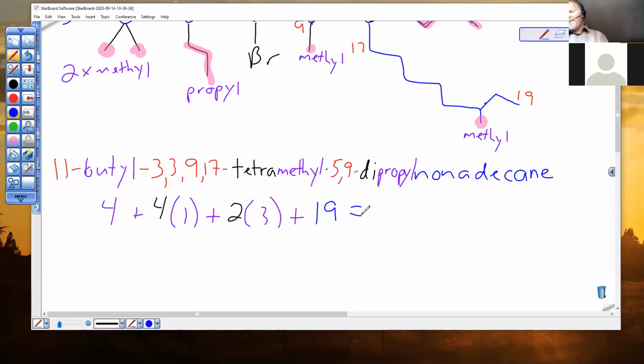Better do slow math today. 4 plus 4 is 8, plus 6 is 14, plus 19 is 33. C33H68. 2 times 33 is 66. 2 more is 68. And there you have it.